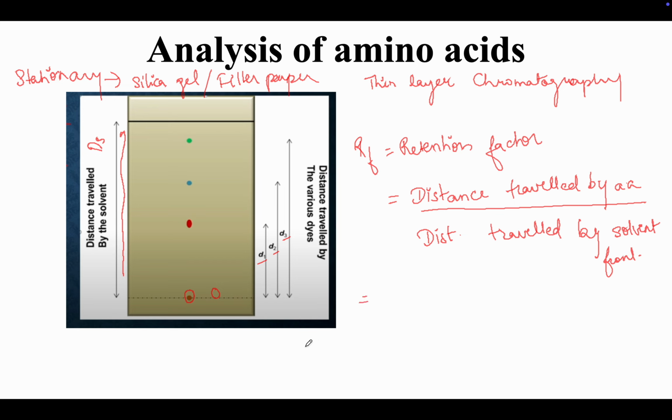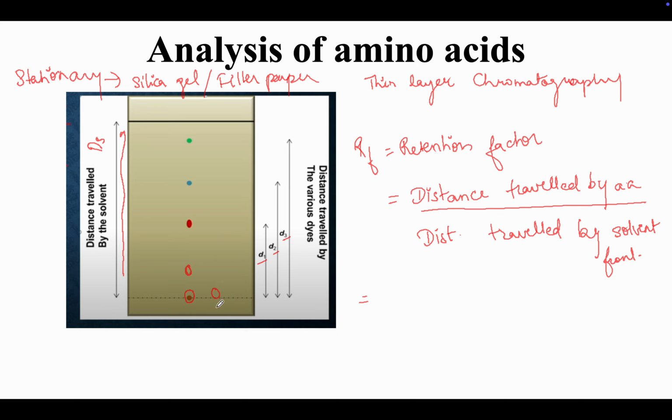So different amino acids will have different Rf values depending upon the R side chain. Charged molecules will tend to move faster as compared to uncharged molecules, and uncharged molecules will stay here. And this will depend on which solvent we are using. So everything should be taken into account, and we can actually separate different amino acids.